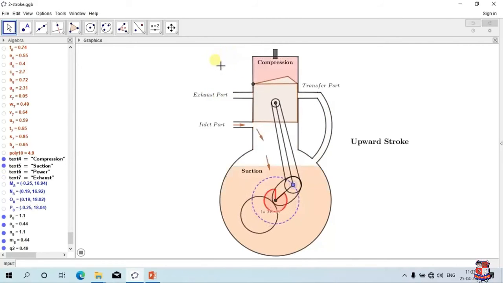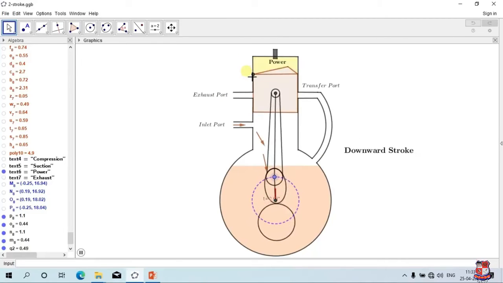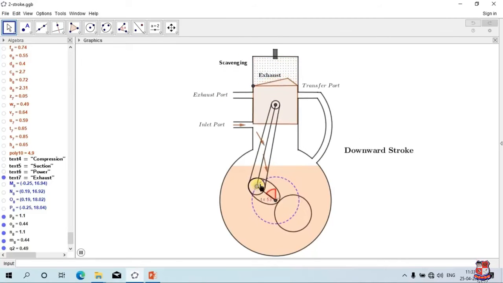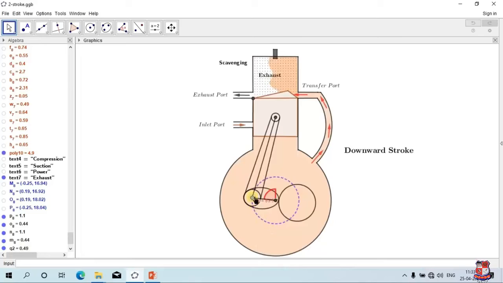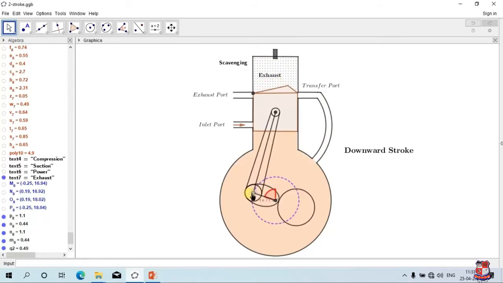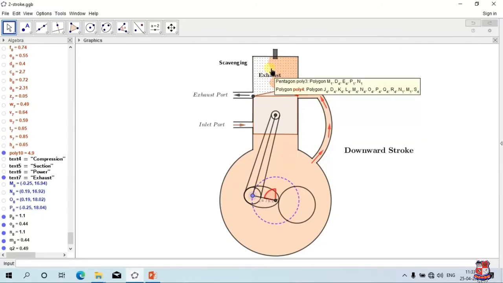Okay. So what is scavenging? Okay. Here you can observe that exhaust gases are going out of the cylinder. At the same time, through transfer port, this charge is coming inside the cylinder. Okay.